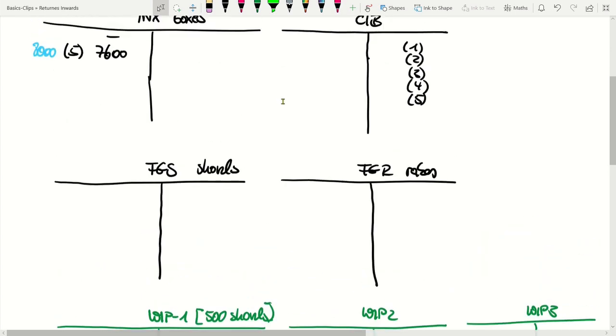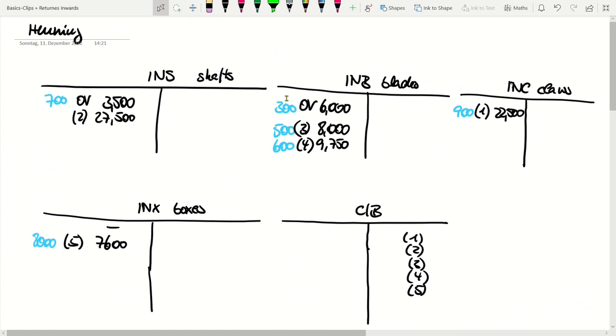It is required that we allocate the materials thereto. So if I get 500 shovels, I have to multiply that by the initial opening value of the shafts. So the initial value of the shafts will be $5. That gives me 2,500.